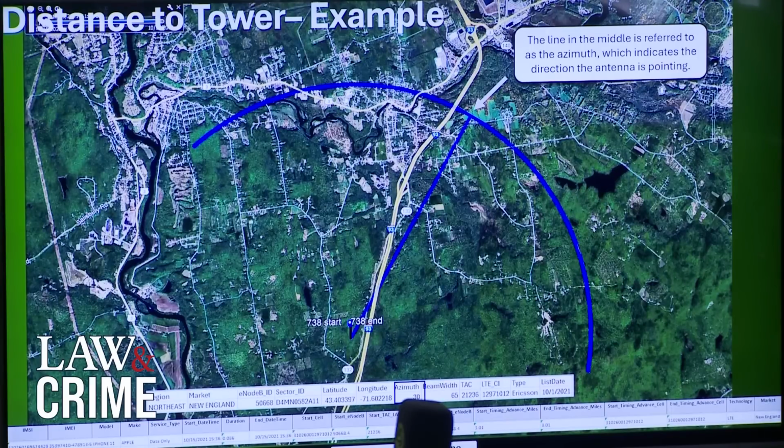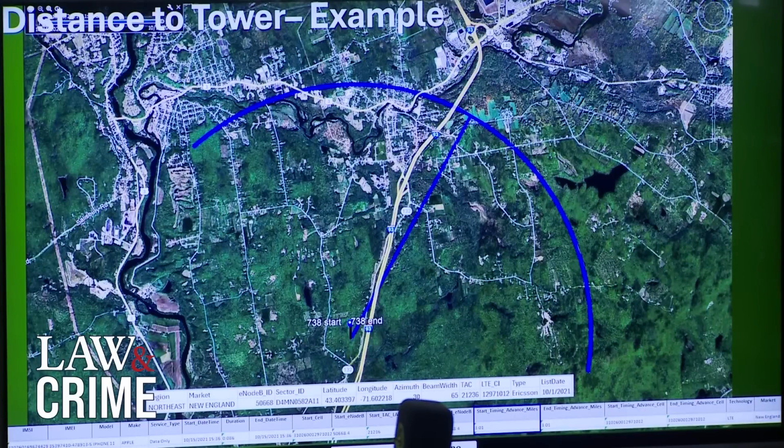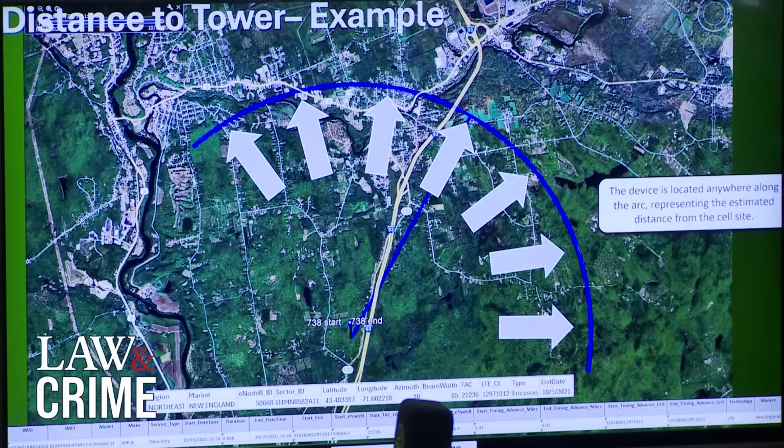Our azimuth is depicted on here, which way that cell site was pointed at that time. And then there's a distance from the cell site. In this example, it's 3.01 miles away from the cell site. That's what that arc represents. That arc is 3.01 miles away from the cell site. So for distance to tower, what I'm looking at is that device is somewhere along that arc.